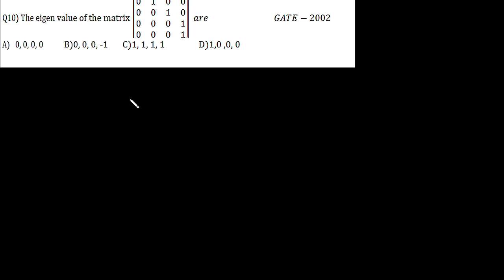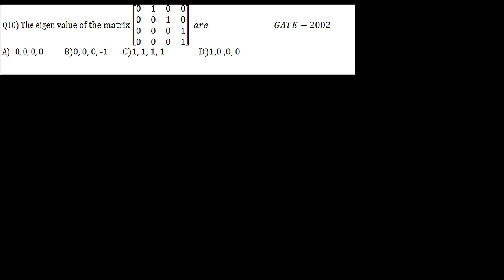Okay, now let's solve question 10. Here question 10 is asking about the eigenvalues of this 4 cross 4 matrix. Now here, if we go by our conventional method of finding the determinant, equating it to 0 and solving the characteristic equation, it is a 4 cross 4 matrix, so it is too long and takes more time.